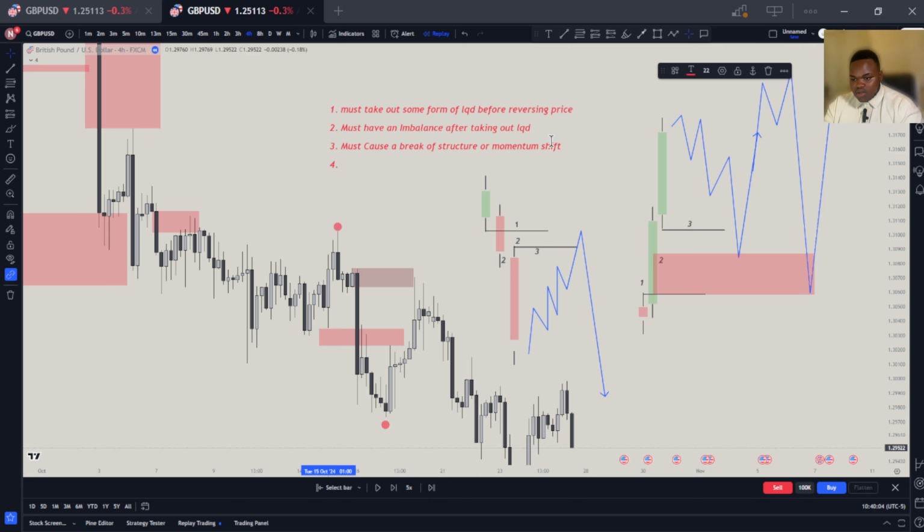So there must be some form of liquidity prior to the other block being mitigated.